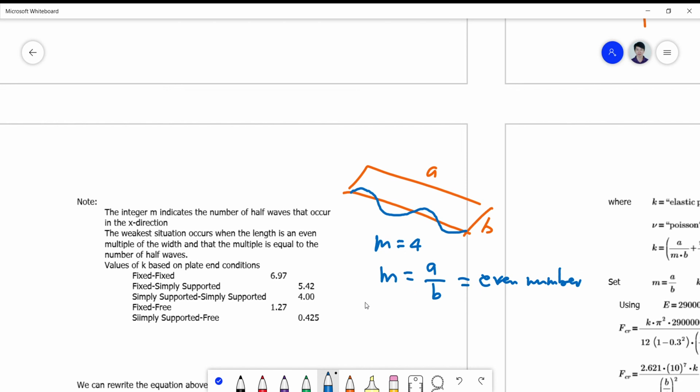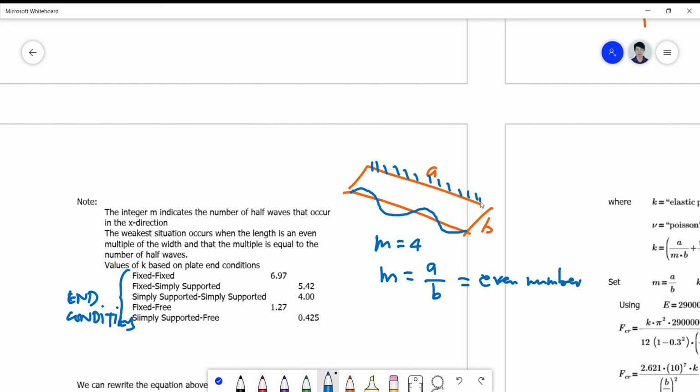So different values of K will arise, and this was found on tests, of course, that these values are based on end conditions. And the end conditions refer to these edges here, okay?